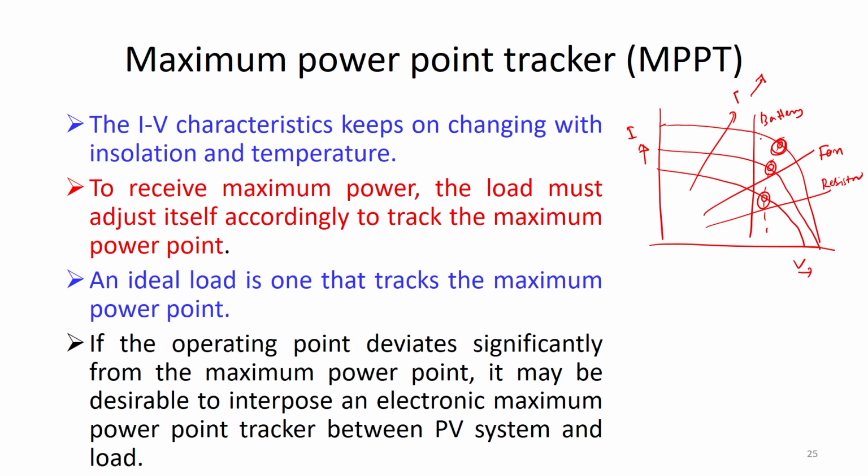So, what we can show here, there are three different loads, battery, fan and resistor, and these are operated at different conditions. If we can operate the system at this condition, then we can maximize the power generated by the PV cells, right.